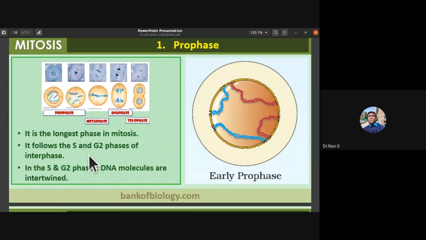In the S and G2 phases, DNA molecules are intertwined. You can notice this in the early prophase. So early prophase has a nuclear membrane, nucleolus, then the chromatin material. You can notice the DNA molecules are intertwined in the prophase stage.